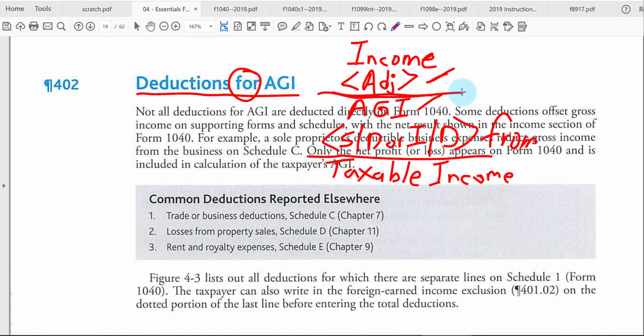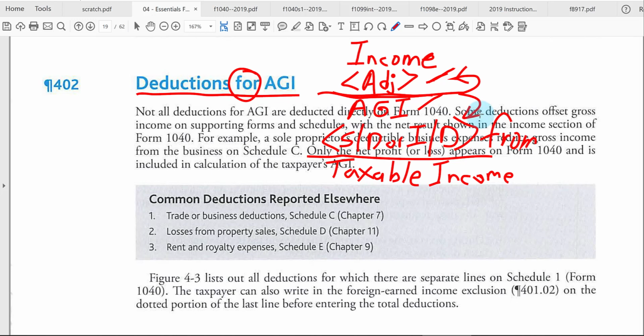So deductions can be above the line, which are usually better than deductions below the line. Sometimes you may have a choice. Most times not. It's going to be either above or below, but sometimes you have a choice. And if you do, then above the line deductions, the for AGI deductions, are usually better than from AGI.